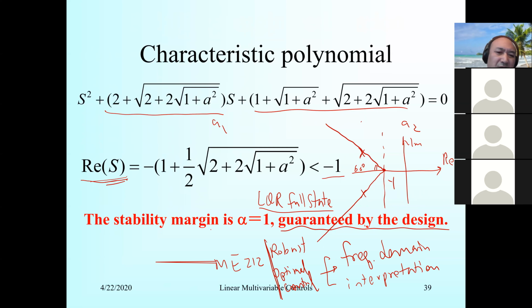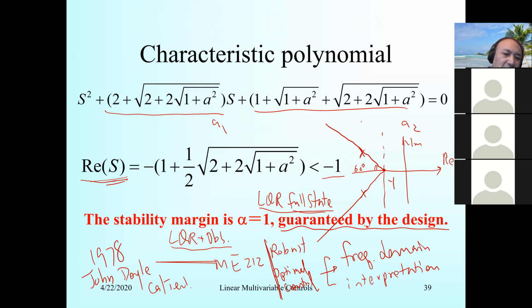But what if you have an LQR plus observer? Are you still getting the same level of performance as full state feedback? A lot of people thought this could be guaranteed, but in 1978, John Doyle of Caltech wrote a paper that for the first time revealed that by using an observer, you are not going to enjoy the full state feedback robustness anymore.